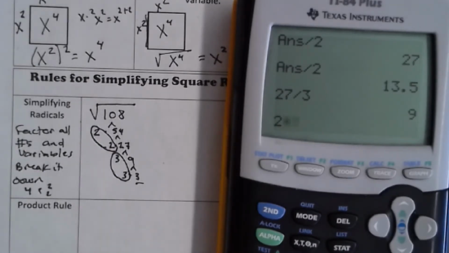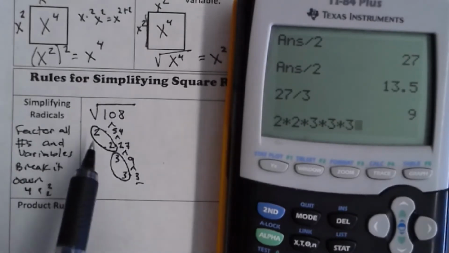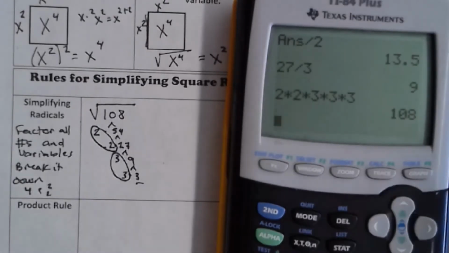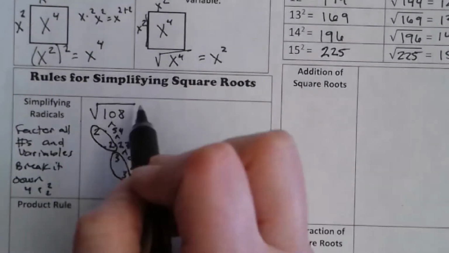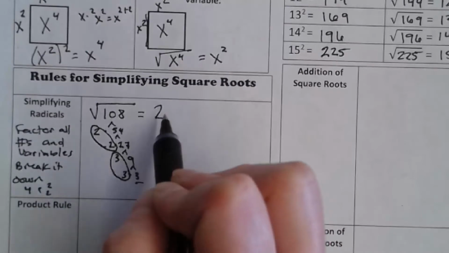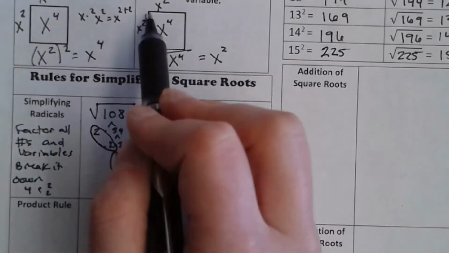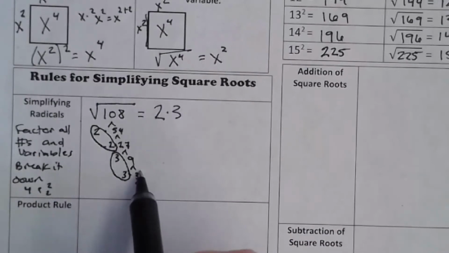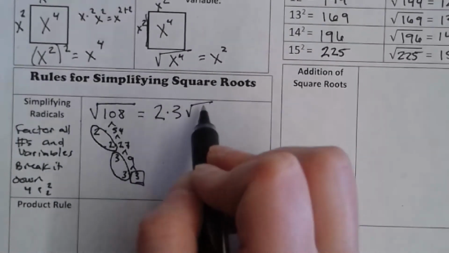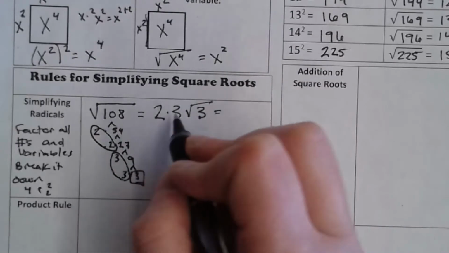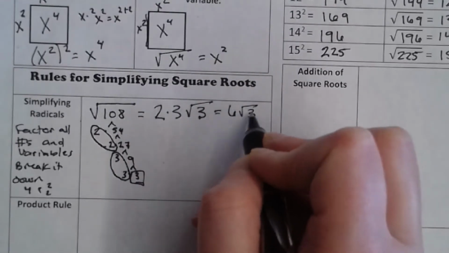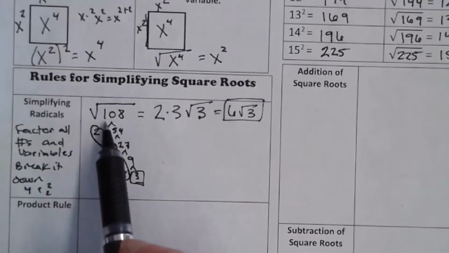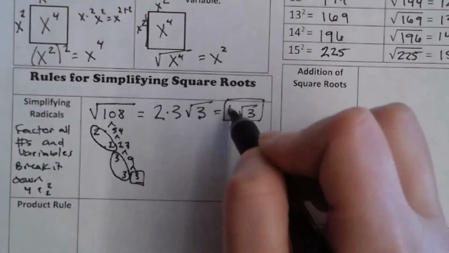So if I did 2 times 2 times 3 times 3 times 3, I'd get 108. So these small numbers actually multiply to 108. So I've got 1 pair of 2's and 1 pair of 3's. So those are my side lengths. But this 3 is left inside, so we're going to put square root 3. So 2 times 3 is 6 square root 3. So my answer of the square root of 108 is 6 square root 3.